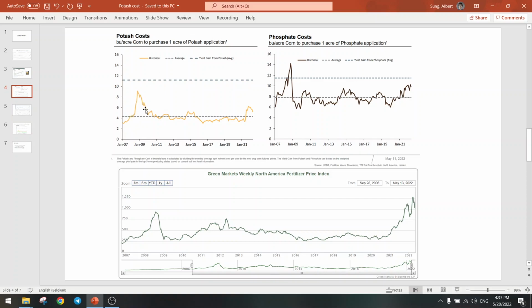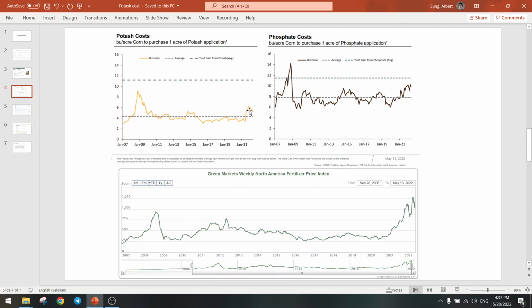So that's the cost of potash. Okay, so apparently the cost of potash was 8 bushels per acre in 2008. And you can see that this cost has come back down, and now it's around almost the historic average.